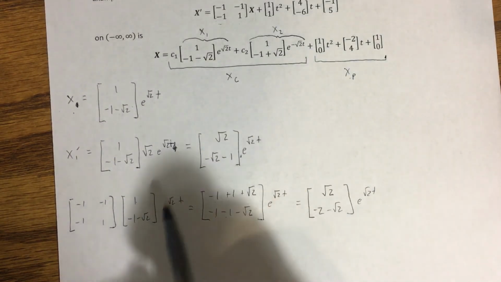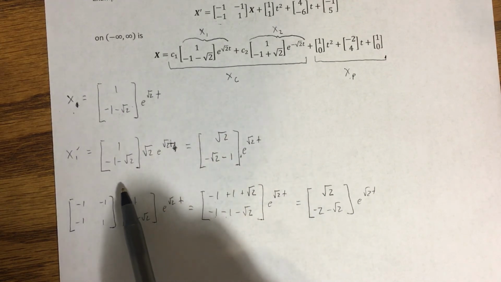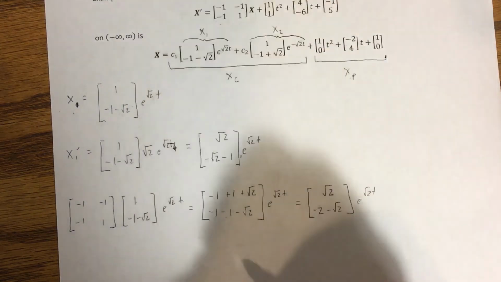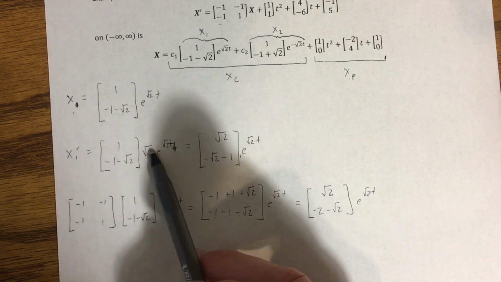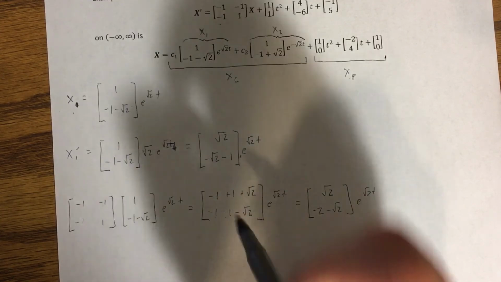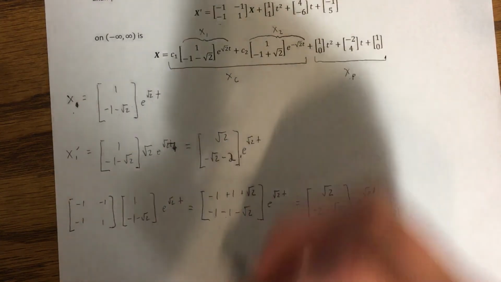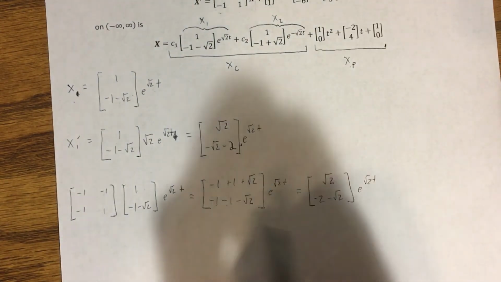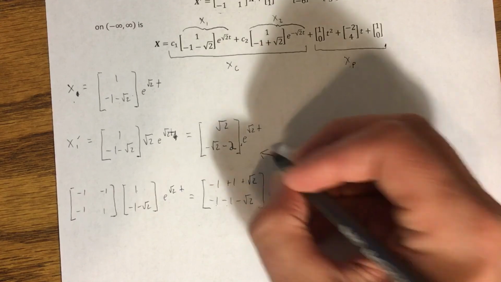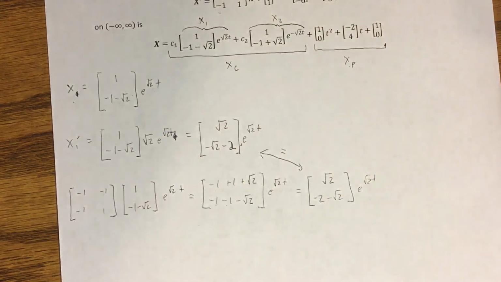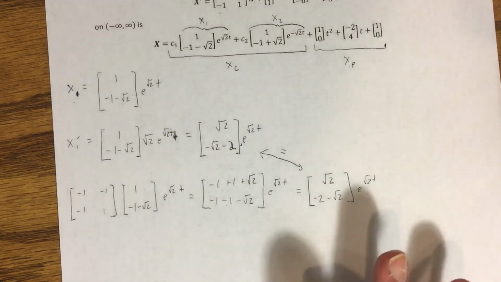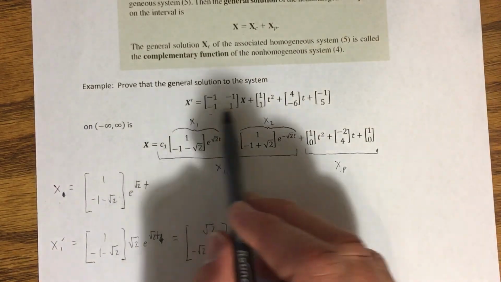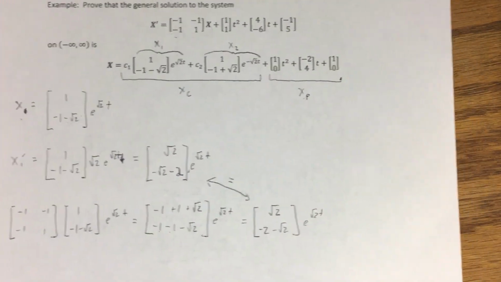Let me just check my work here real quick. Oh, yeah, I see what went wrong. So when I multiplied this √2 to this √2, I wrote it as a 1. It's actually a 2, isn't it? Yeah, that was just a mistake on my part. So this matches this. Those are equal, okay? Which establishes that x1 actually is a solution to that associated homogeneous system.